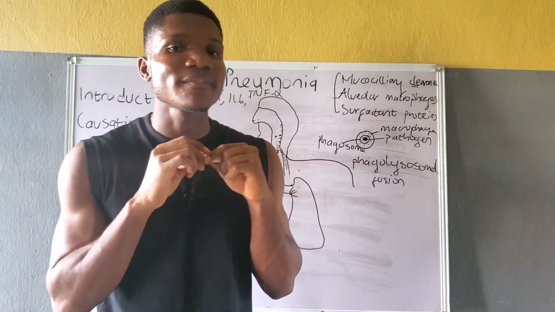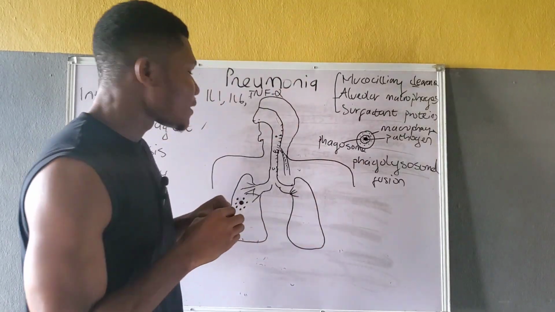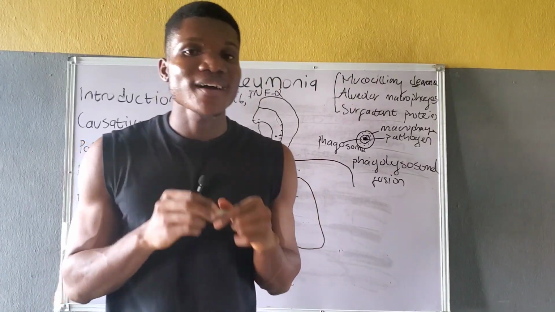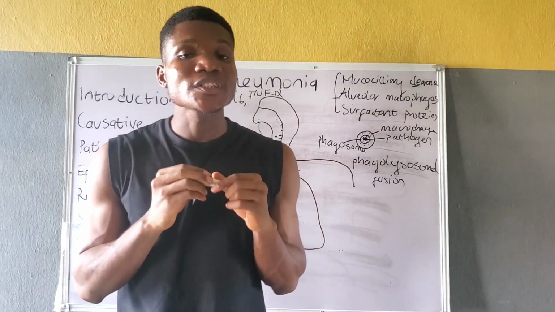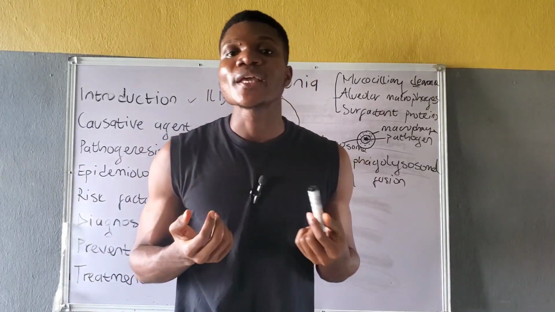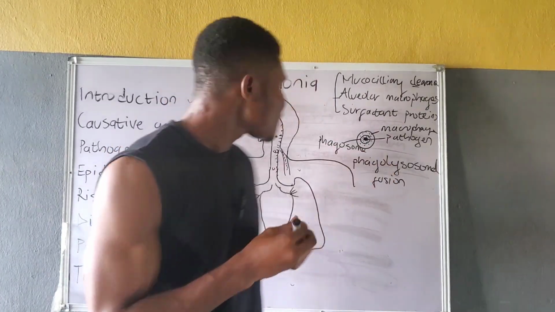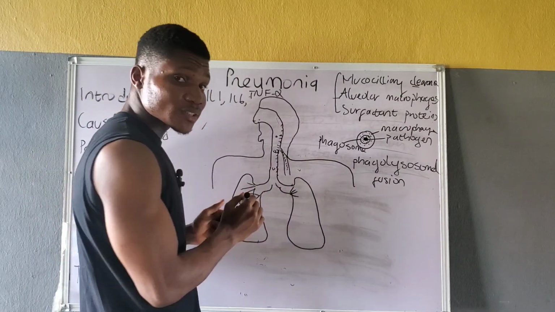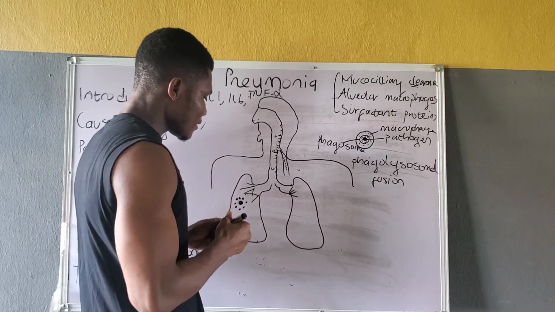But when they get inflamed due to release of toxic chemicals by neutrophils, this inflammation can impair gaseous exchange and oxygen diffusion, which can lead to hypoxia or respiratory distress.